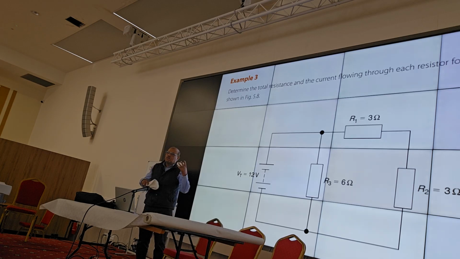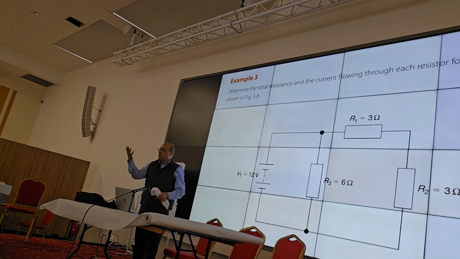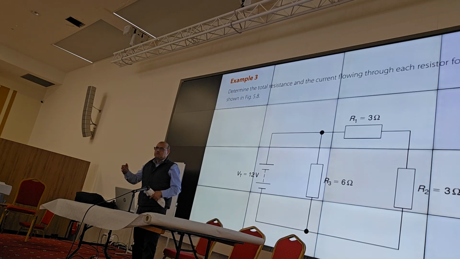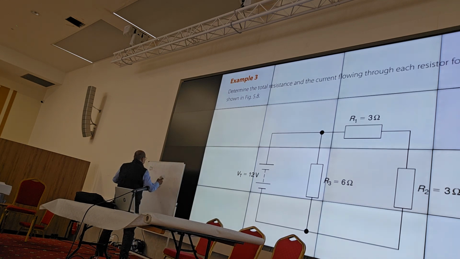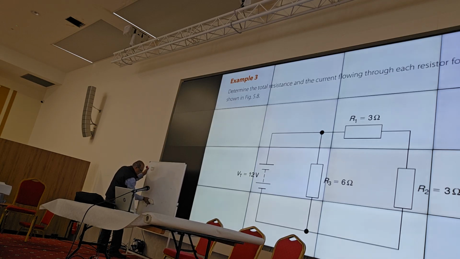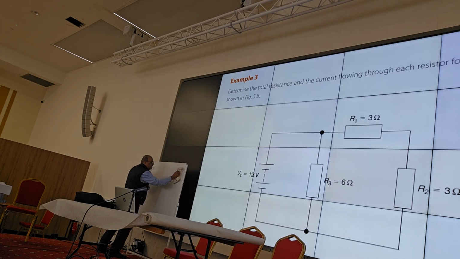So this is some sort of combined circuit. Do you want to solve it? Yes? Okay. With this, the basic theory which you need to know is complete. Now I'm going to move on to the next step.